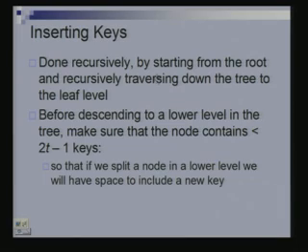Does everyone follow? So, we are going to start from the root and recursively travel all the way down to the leaf, but before we descend to a lower level, we make sure that the node contains strictly less than 2t minus 1 keys. If it has 2t minus 1 keys, then we split the node right there.